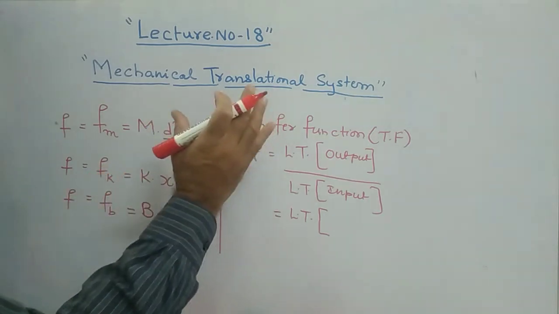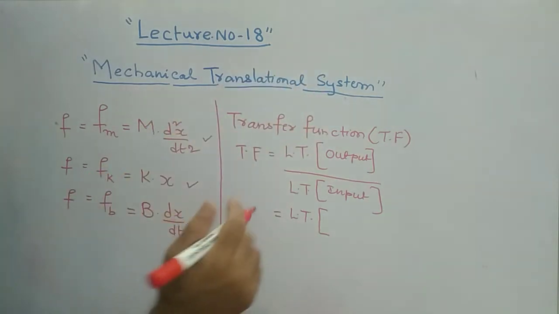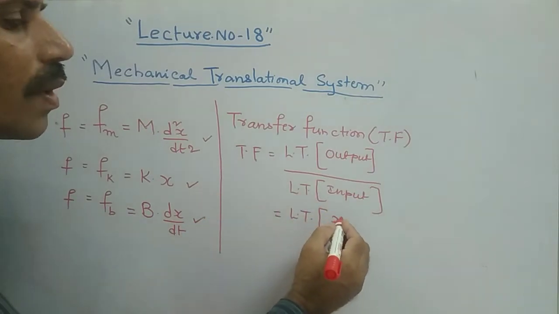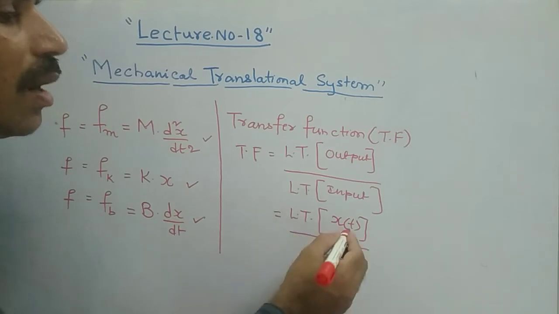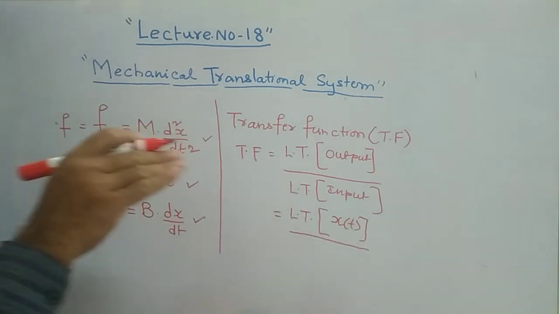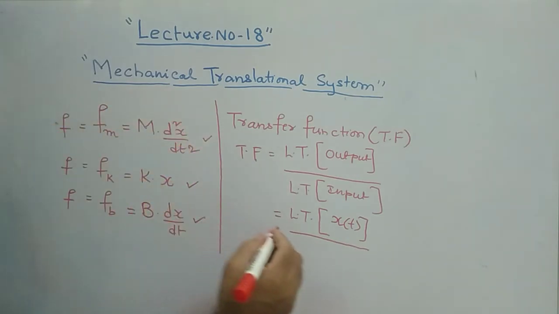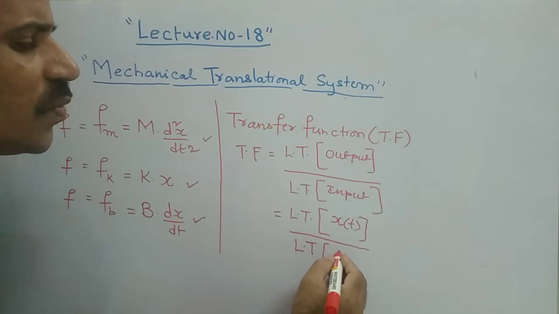So in the given mechanical translational system, the displacement x of t is your output. We consider displacement as output, and the applied force F of t can be considered as input.